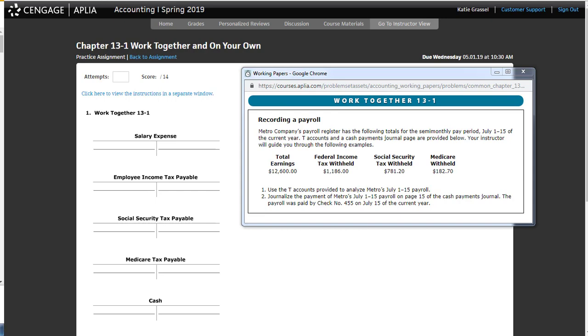We need to associate that with an account name. Okay? I talked about this yesterday. All of our deductions on our payroll register are going to be a liability. Liabilities always have what word in it?